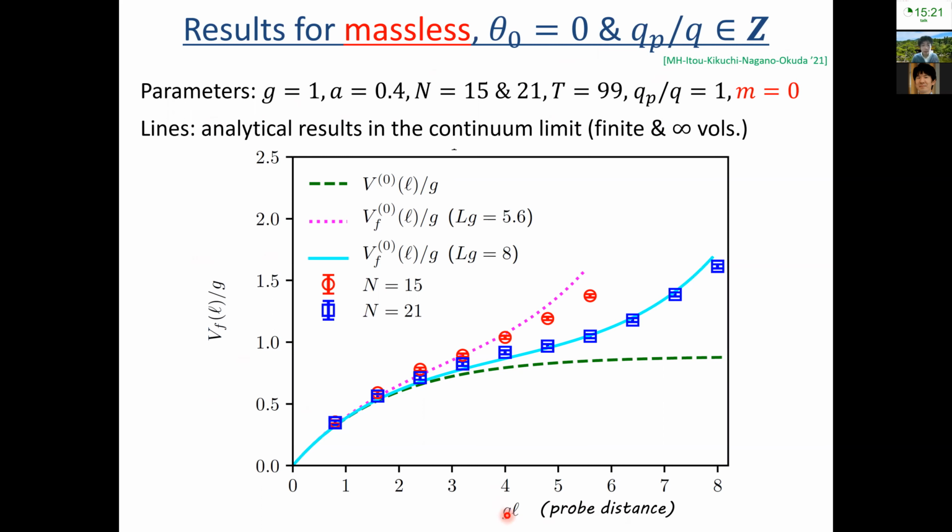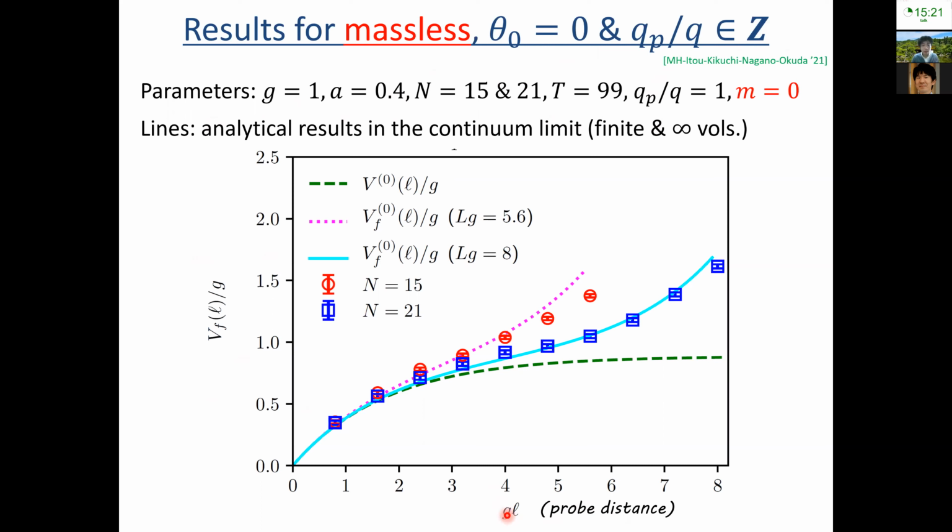We have many symbols, and the lines are basically the analytic result in the continuum limit. And we plotted results for different volumes. And we basically have an agreement, although we have some systematic errors here.